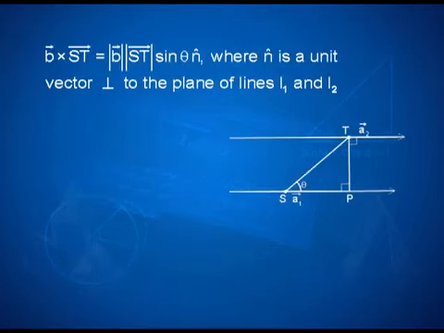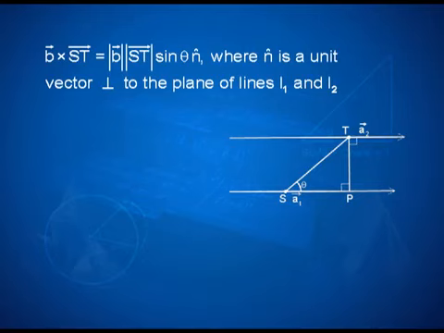So, if I draw a perpendicular from T, then the distance TP is the required one. Now, this distance TP can be calculated using again the vector algebra, where we learned that if I take B cross vector ST, the B is the vector along which the lines are defined.